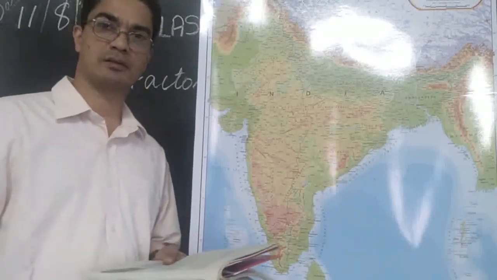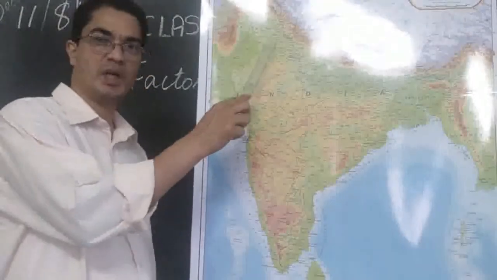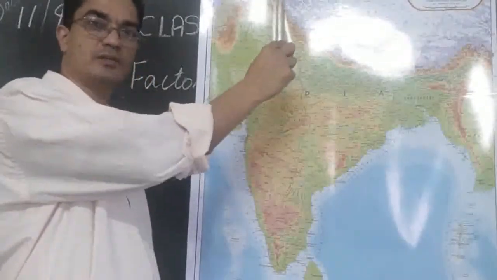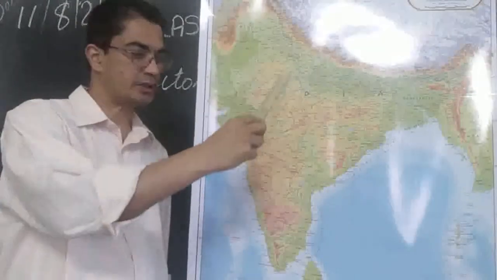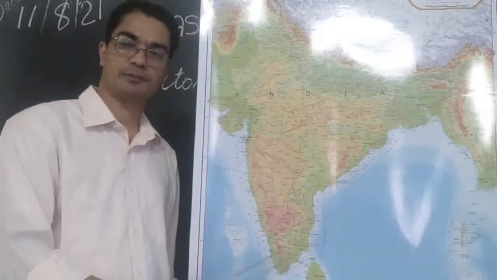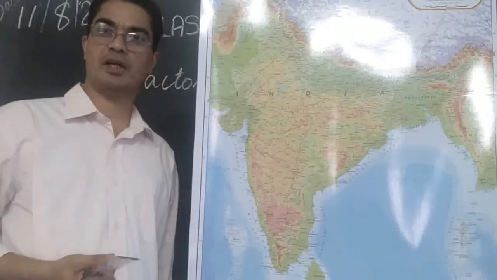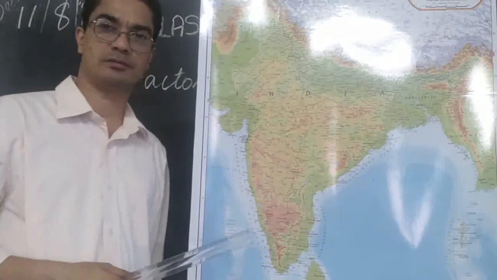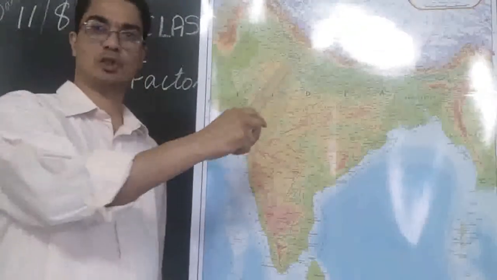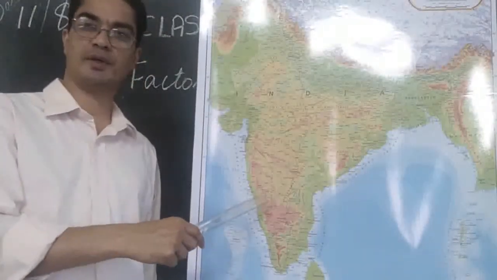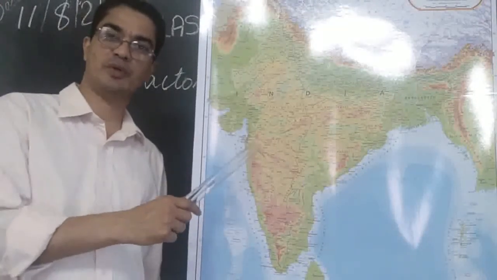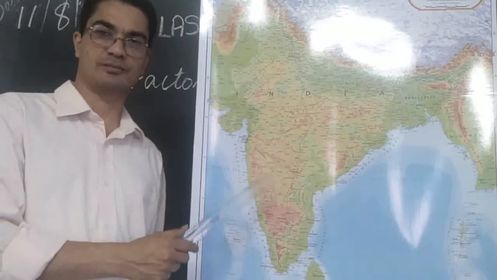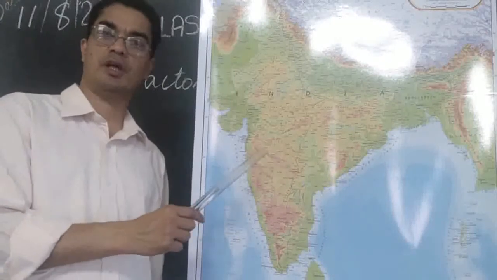Let us see why. So if these winds that are blowing from the northern hemisphere to the equator are not bringing any rain or very little rain at all, then what happens? We are supposed to be very dry.